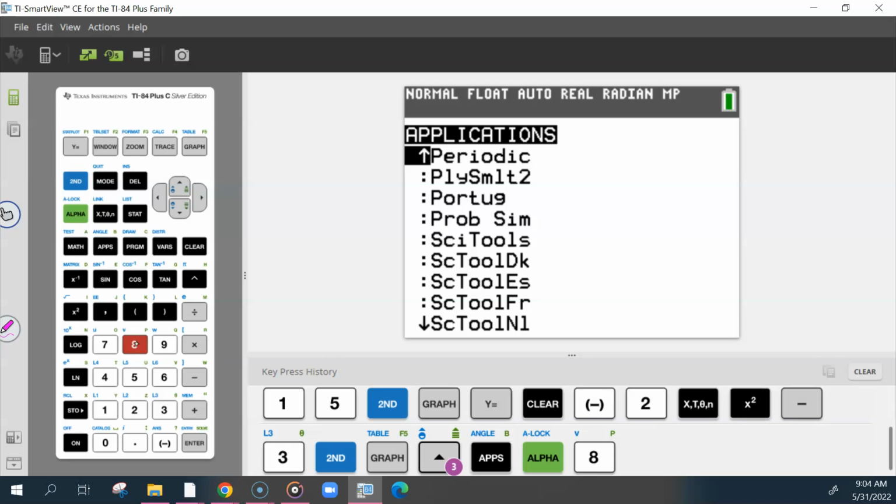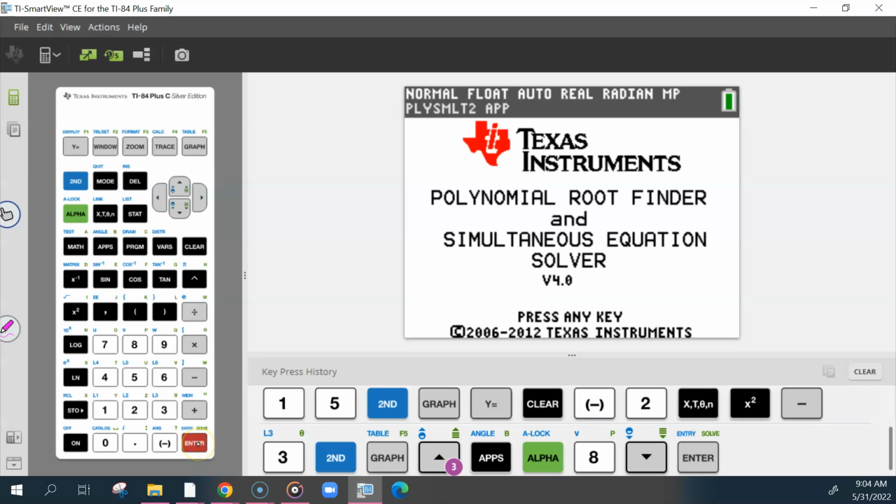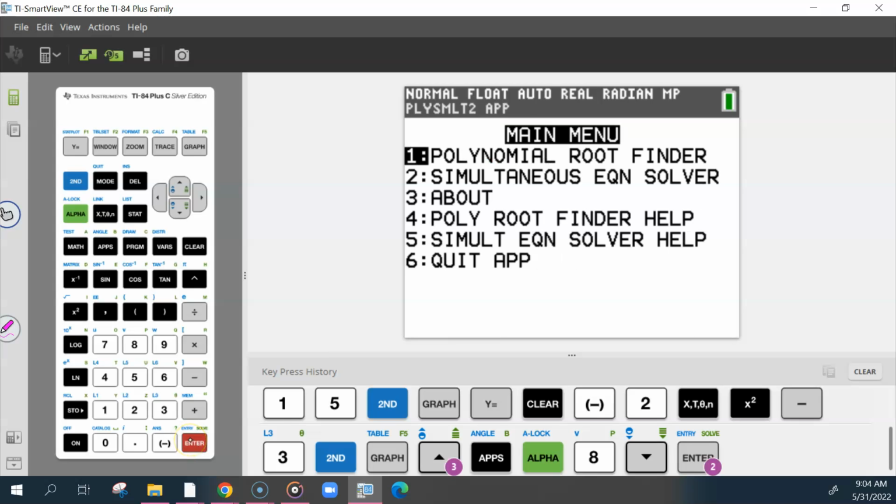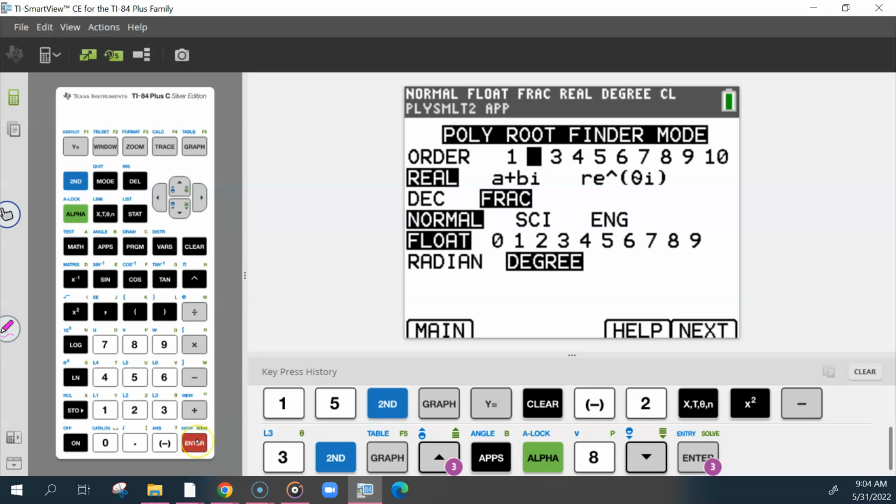Apps, and then this one, and hit enter. And then this screen should pop up, hit enter again. And you're looking for the polynomial root finder, the first one. So you're going to go into number 1 or hit enter, and you'll get a screen that looks like this.